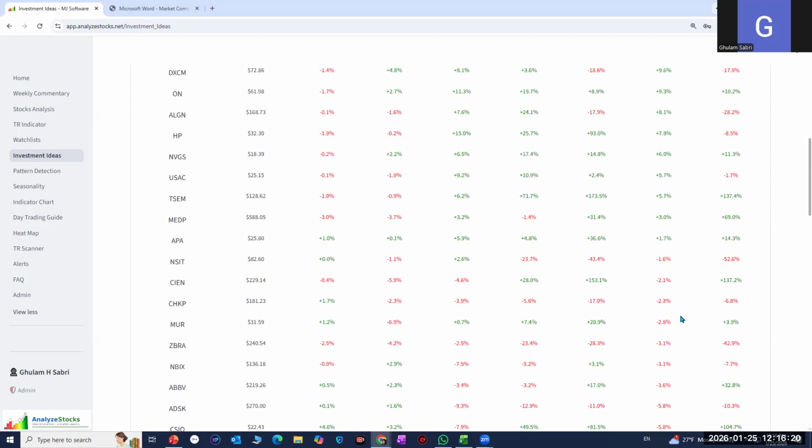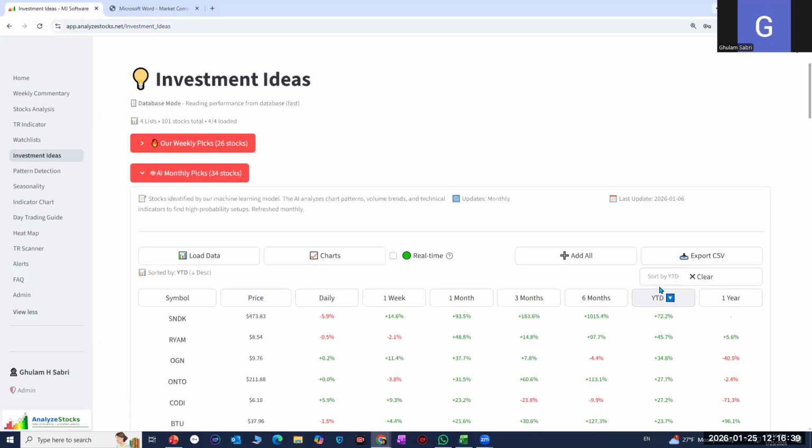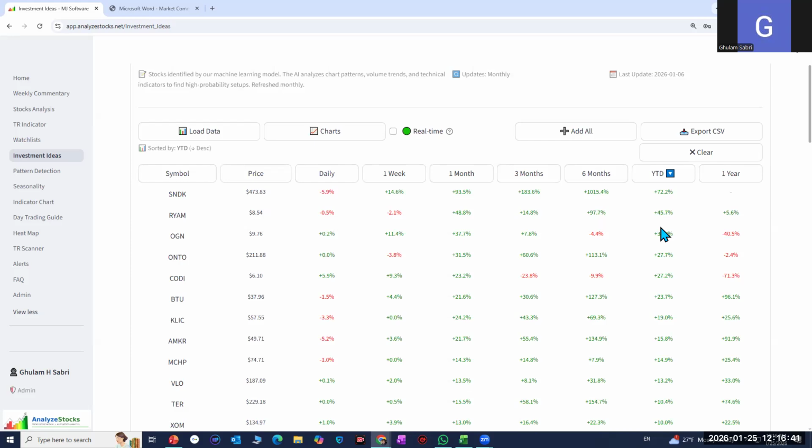But since those are more volatile stocks, there will be some laggards as well. Look at the magnitude of the losses. The loss is less than 10% on any position. The maximum we had was NTAP 8.5, OTX 9.1. And look at the gains: 72%, 45.7%, 34.8%.